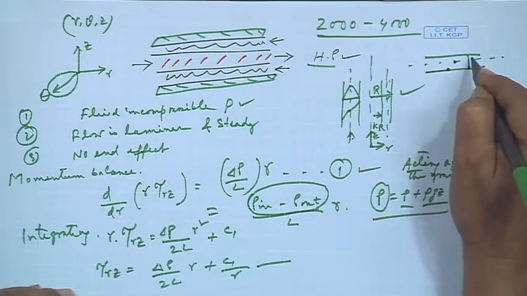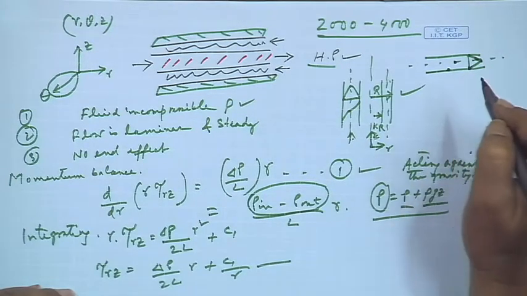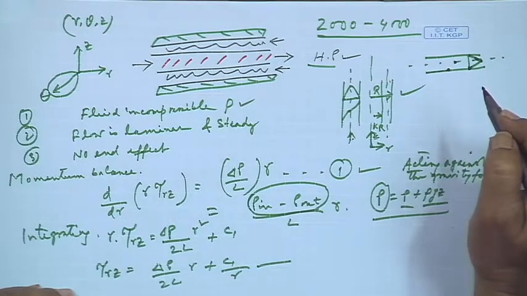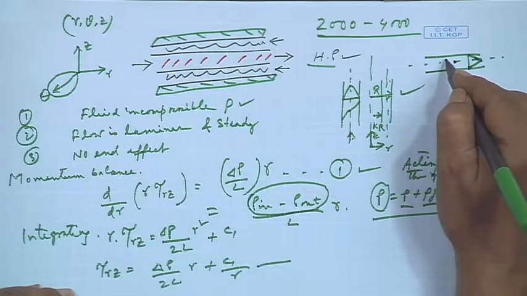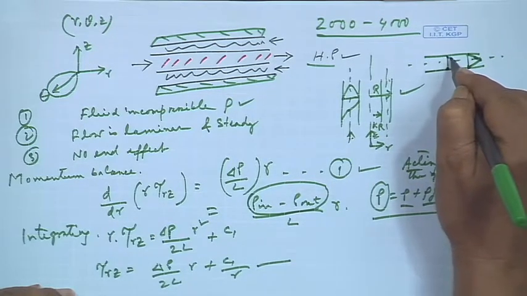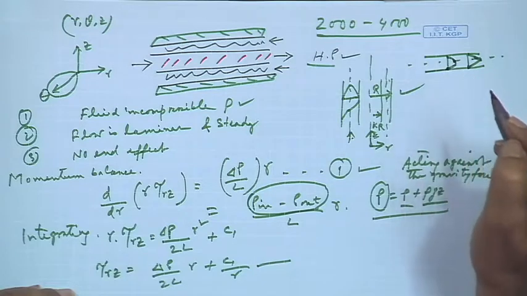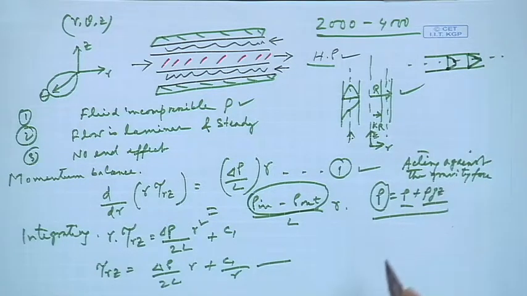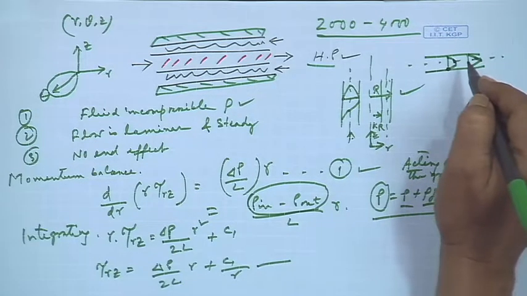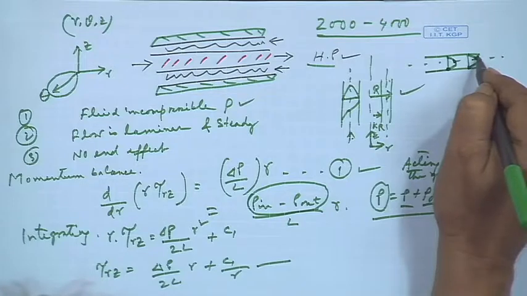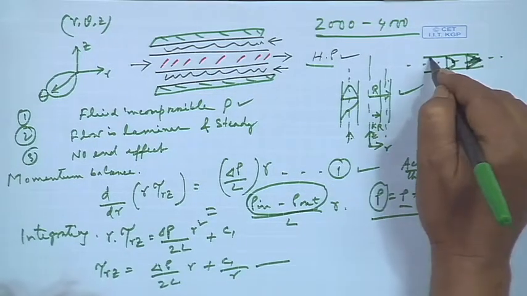If we had plotted, the momentum flux plot was like this and the velocity plot was the other way, like this.